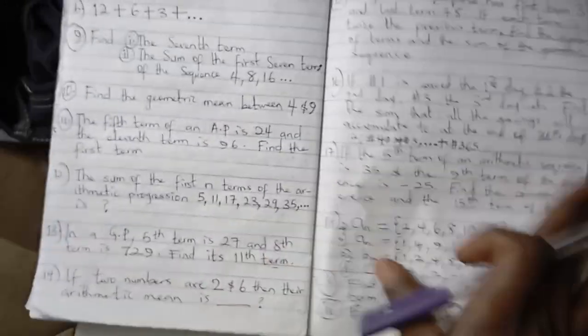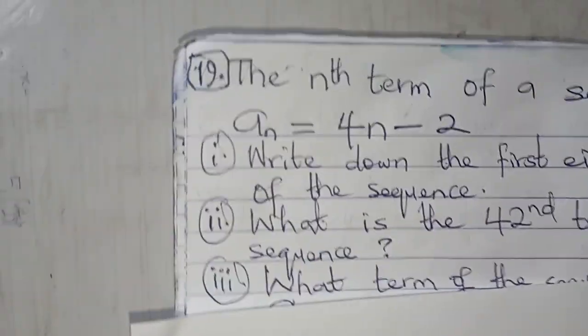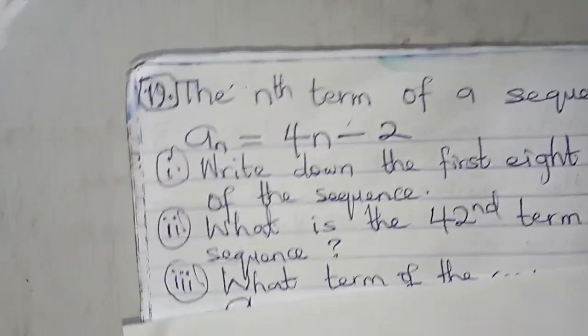So let's move to number 19. The nth term of a sequence is an equal to 4n minus 2. Write down the first 8 terms.